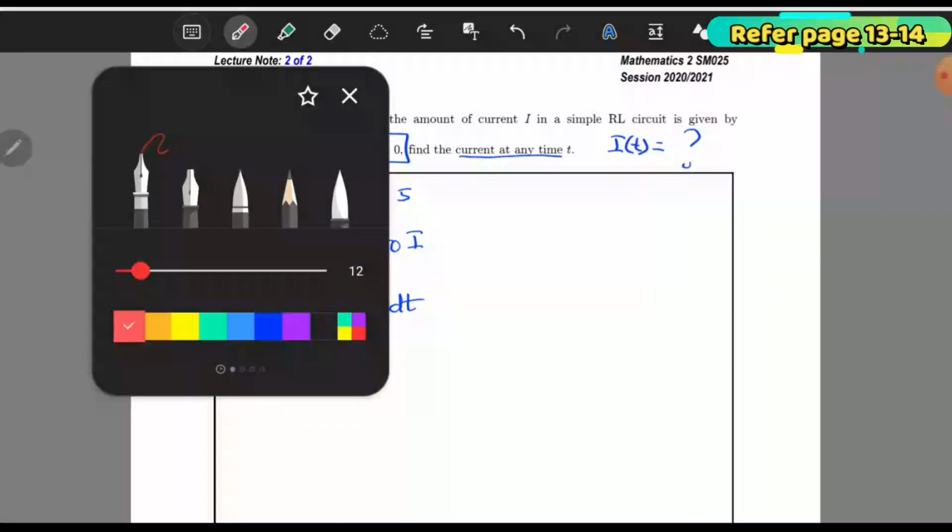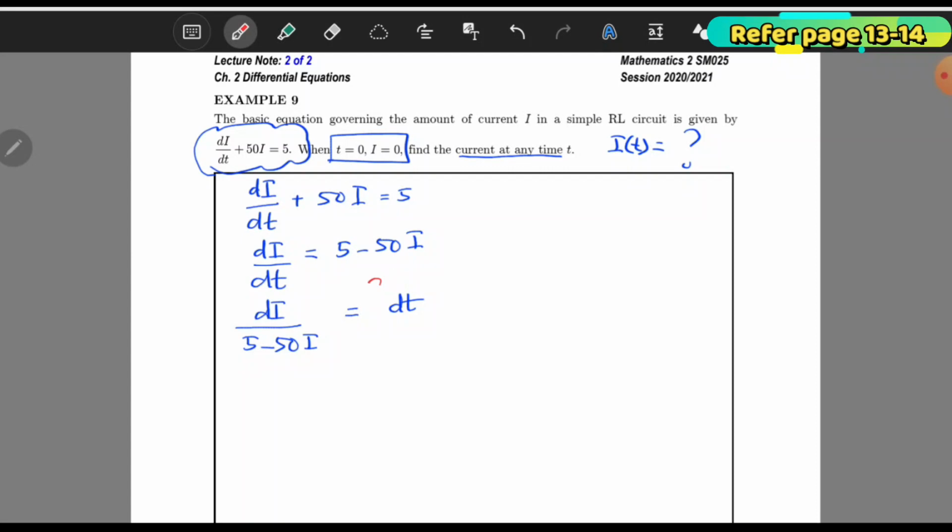And we try to integrate both sides. We will get ln 5 minus 50i. Don't forget to differentiate the inner function, so we divide by negative 50. Equal to t plus c.